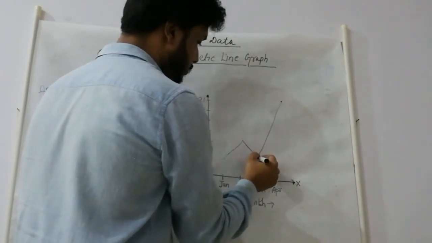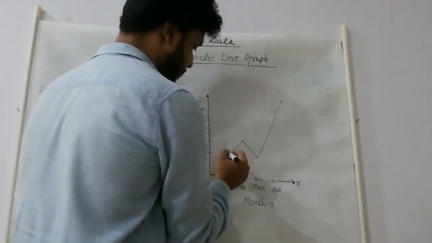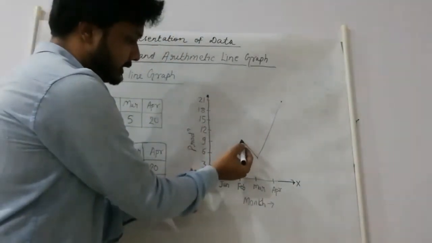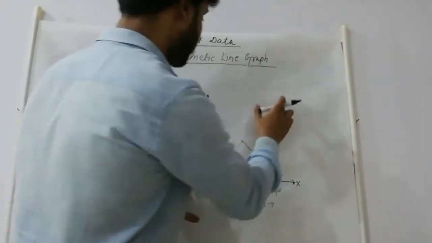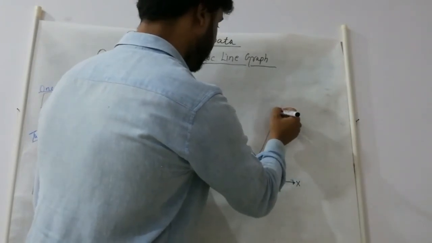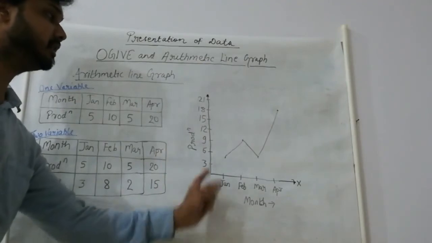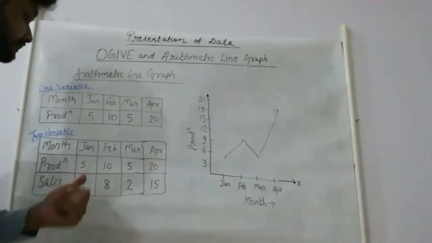So this shows that the production of the company earlier was very down, then it increased, then again it came down, and it has rapidly increased to a very large point. This will be a little bit low till here approximately. Okay, 20. So this is the easy way how we can make the arithmetic line graph in one variable.